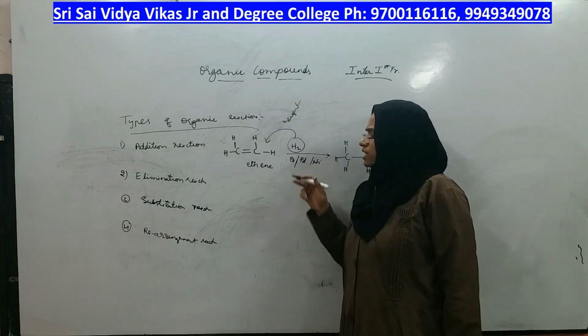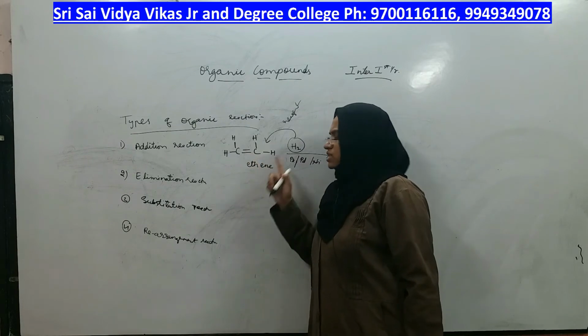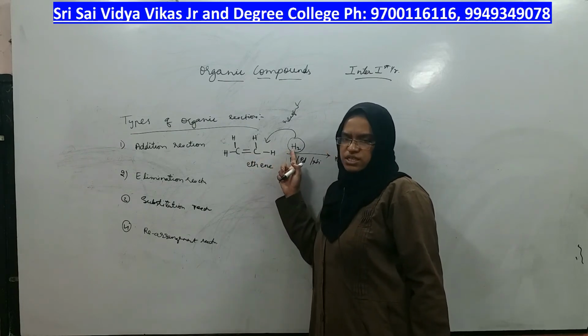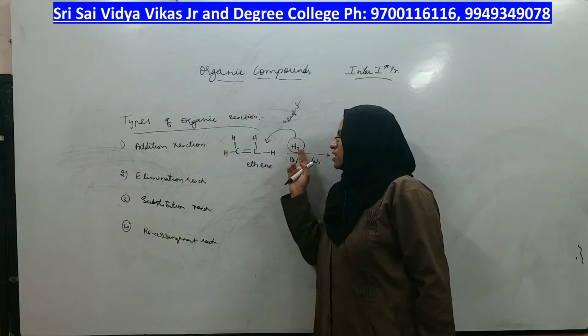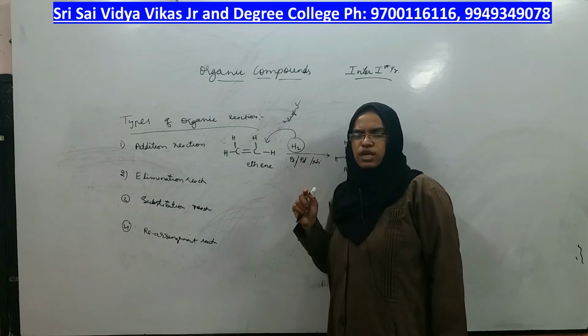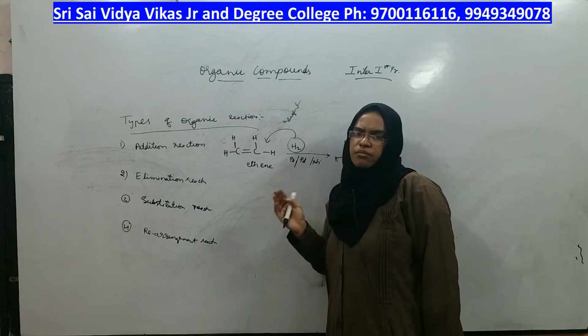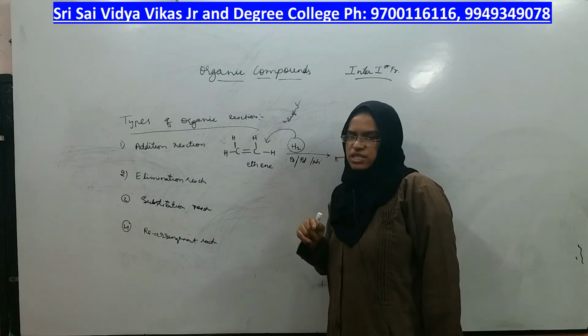How can you add to the substrate directly? If you break the old bonds, then only it can make new bonds with the reagent, right? So reactions in which a reagent molecule is getting added into the substrate by breaking old bonds are called addition reactions.